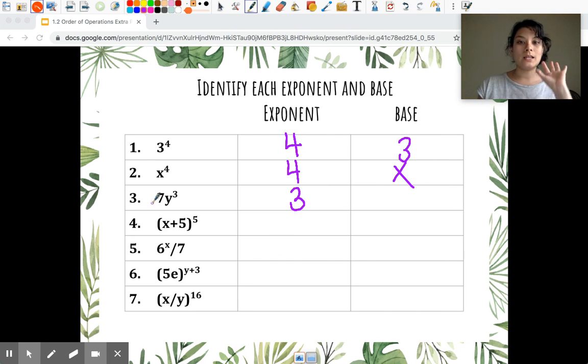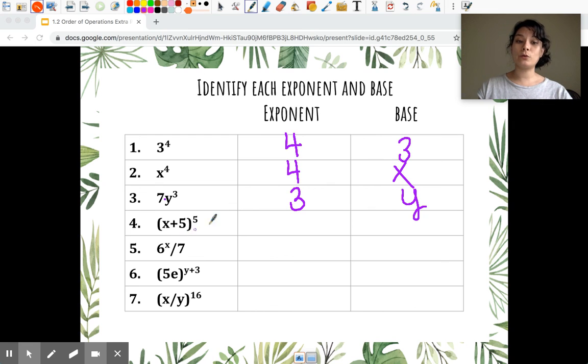Anything else is an extra operation that's happening. So here in this case, the only thing that my exponent is directly touching is the y. So this 7 is actually being multiplied against this power, y cubed. So the only thing that is my base here is y, and 7's just being multiplied with it.